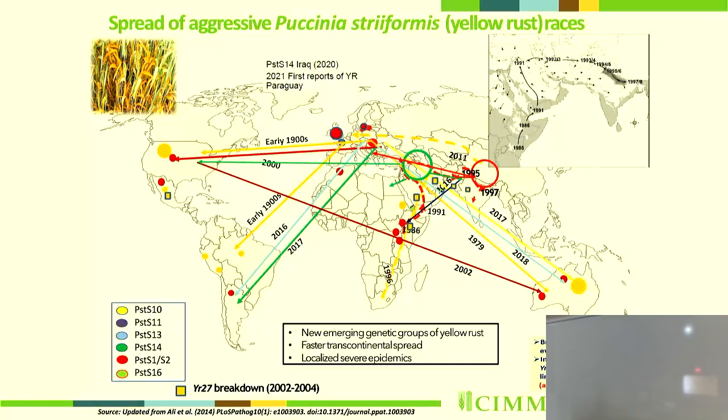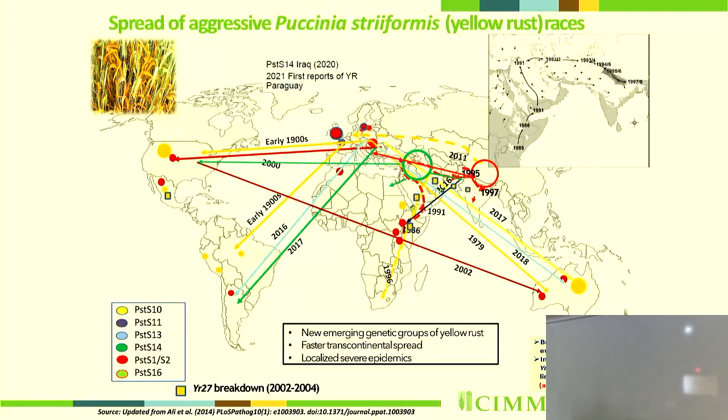If you look at the graph, there are a lot of arrows going up and down, which show the exotic incursions we have experienced in the case of stripe rust. The PstS populations have been replaced within the US since 2000, and some of the European PstS pathotypes have been replaced by races from the Himalayan region.